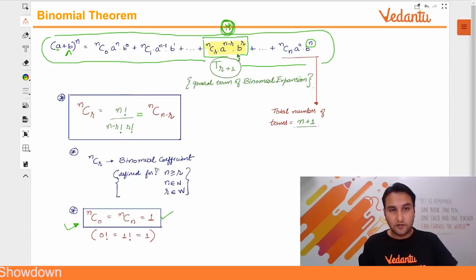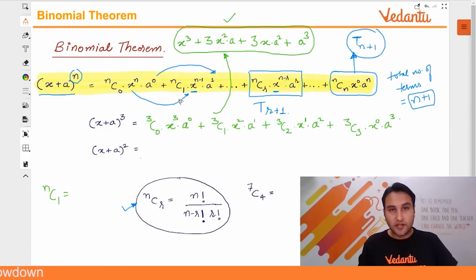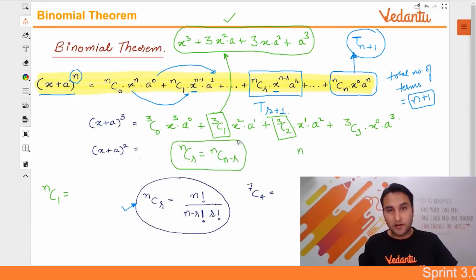Right? For example, what you just saw here, 3c1 is equal to 3c2. That is NCR is equal to NCn minus r. All right, 3C1 is equal to 3C, 3 minus 1, that is 2. Cool? So you need to keep this in mind.